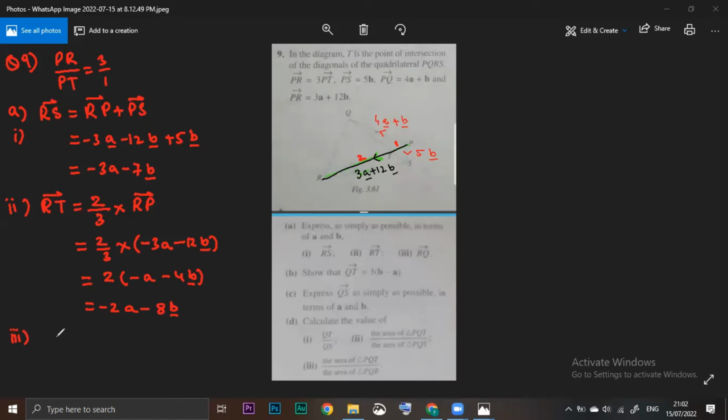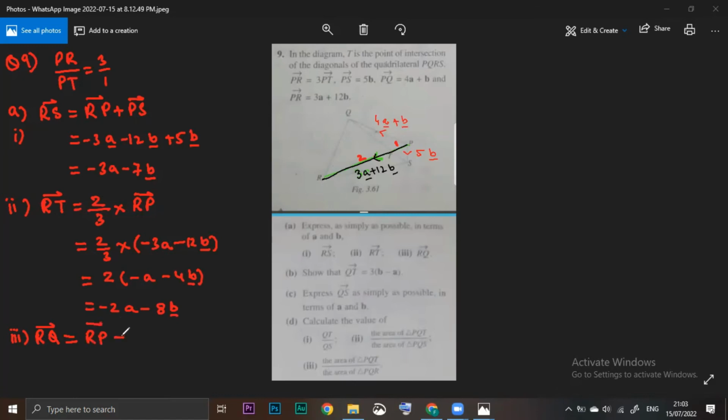We want to find out RQ, in which R is the tail and Q is the head. I will stand at R and then move in this direction, R to Q. This one is the resultant RQ. I will move from R to P and then P to Q.